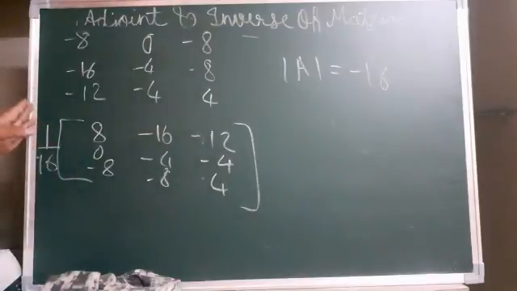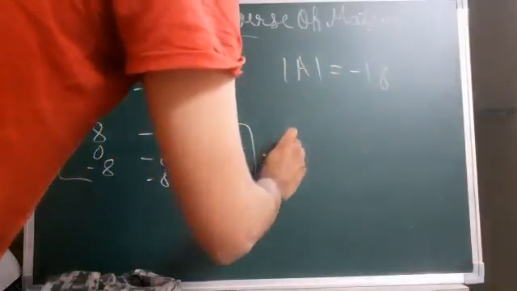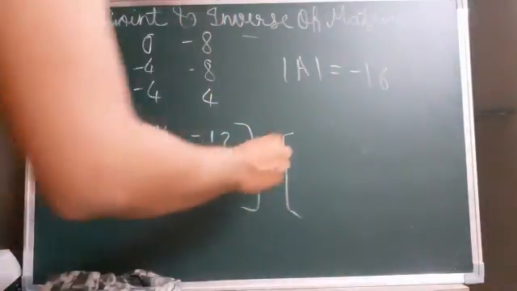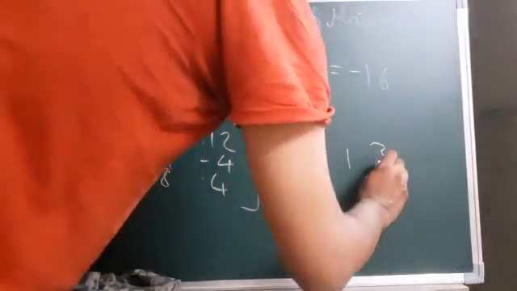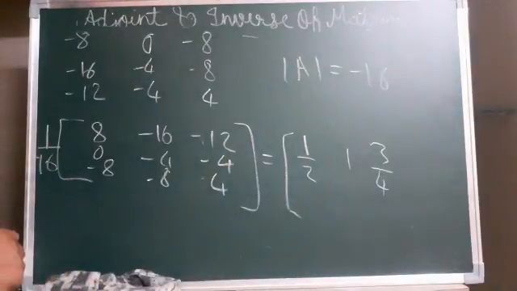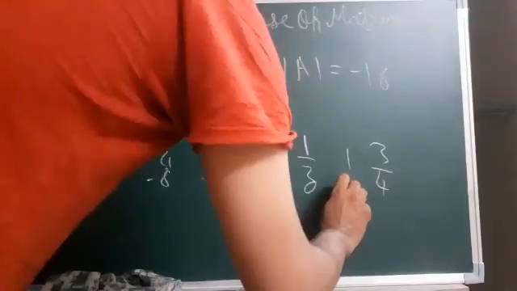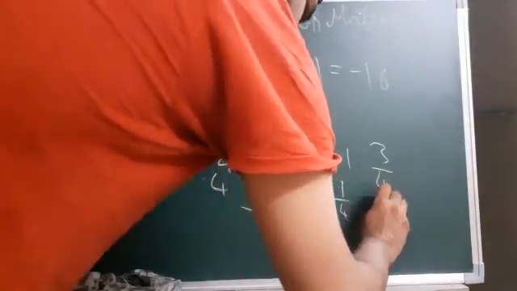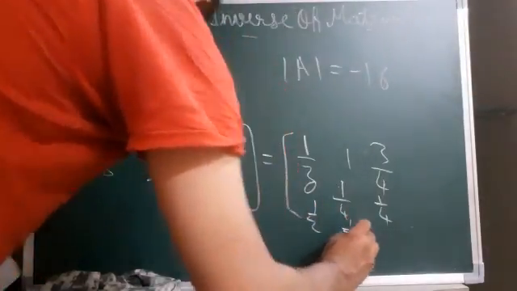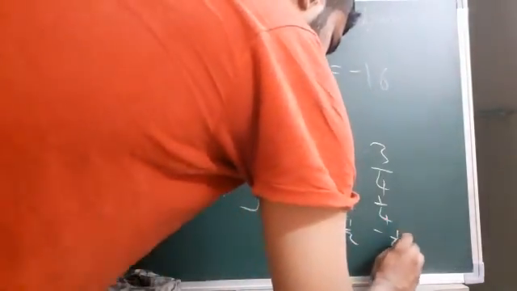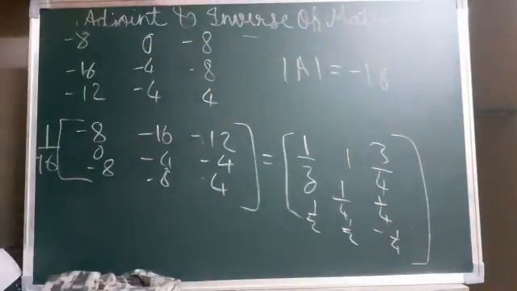So 1 upon minus 16 goes inside, and the answer would be 1 by 2, 1, 3 by 4, then 0, 1 by 4, 1 by 4, then 1 by 2, 1 by 2, minus 1 by 4. So this would be the inverse of the matrix.